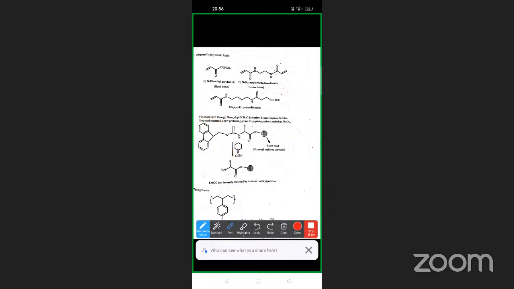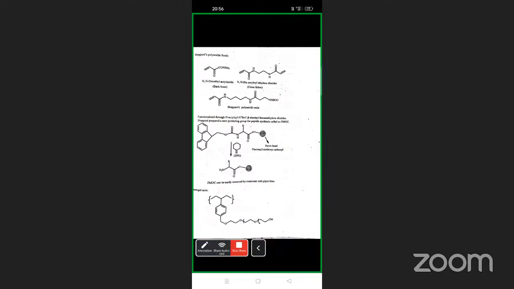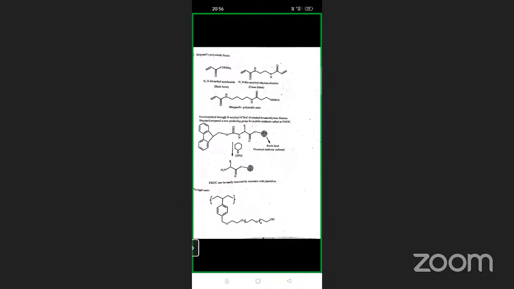polymeric resin bead here. Next, the next type of resin bead is a TentaGel resin. So all these are the different types of resin beads here. TentaGel resin also has a polymeric structure, but it has a polyether linkage.